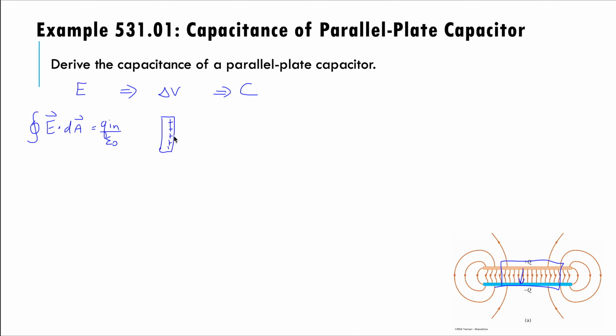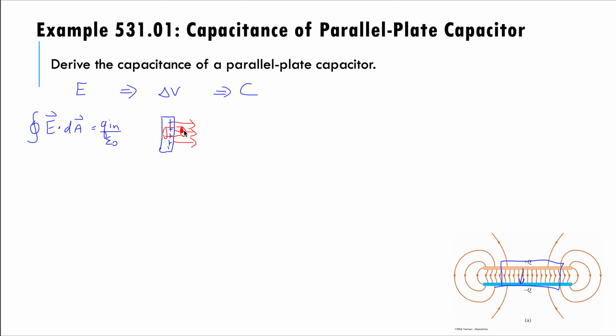Okay, that being said, let's look at a Gaussian surface. For a plate, we like to pick a cylinder or a box. I'll just pick a cylinder, and that's my Gaussian surface over here. We know that the electric field is pointing away from the positive charge, and it's uniform. So that's good, and it's parallel to the area vector.